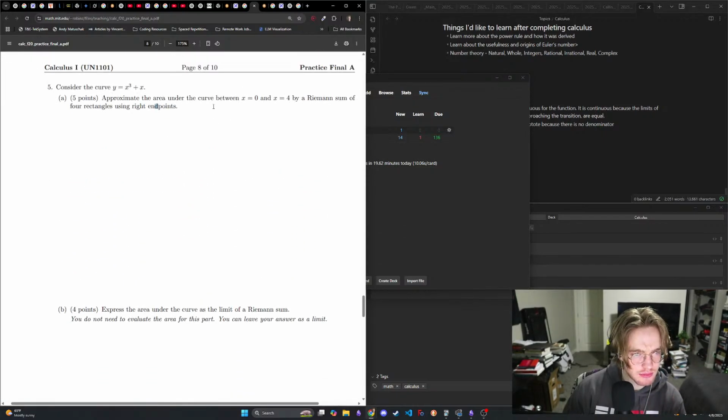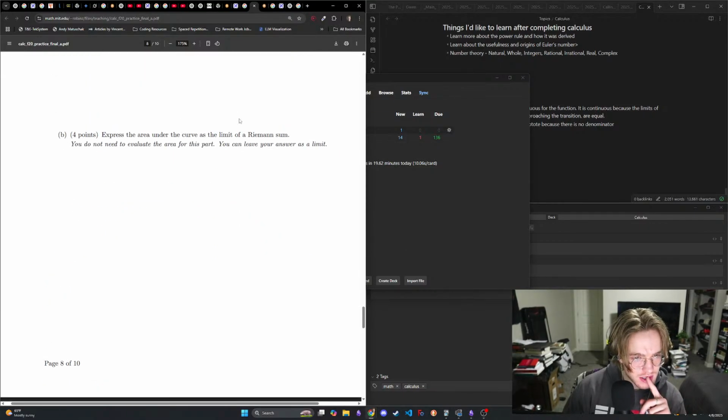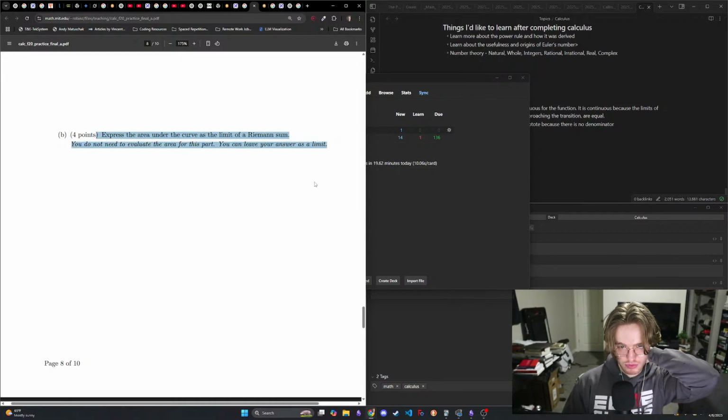Actually, I think I might be able to do this one, because I only have 4 rectangles, and it's literally 0 to 4 here. Yeah, I actually might be able to do that one. Express the area of the curve as the limit of a Riemann sum. Okay, so I just need to write up what that looks like there.